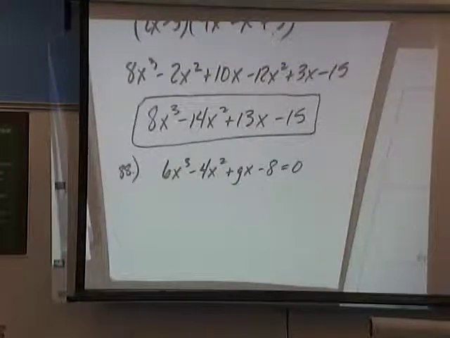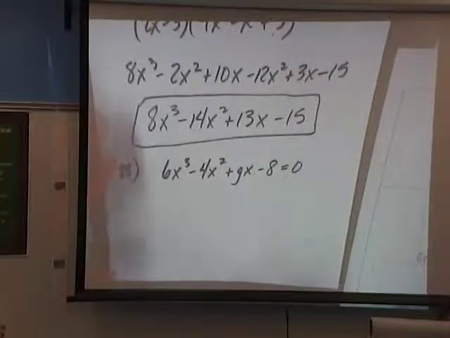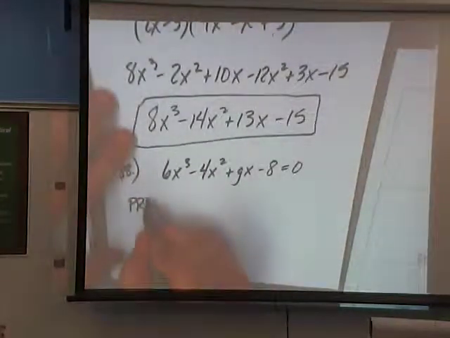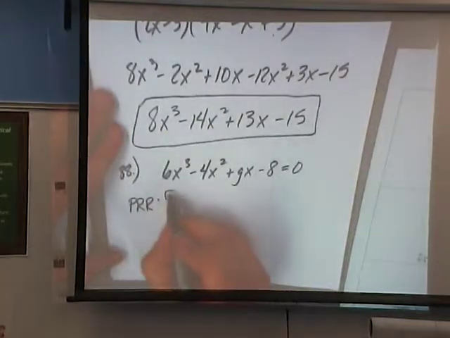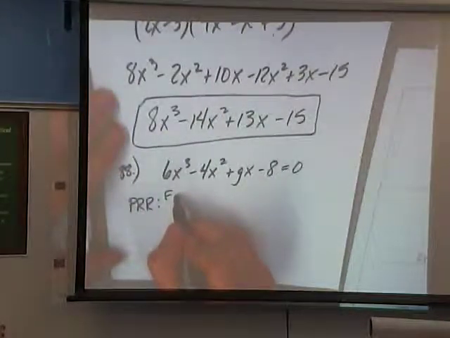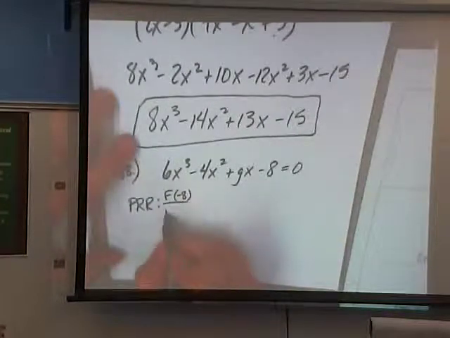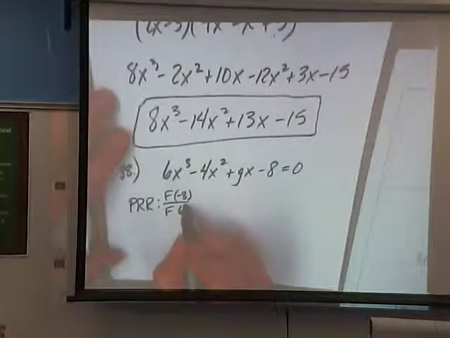So how are we going to figure out which one of those cannot be an answer? Oh, the possible rational roots. If we make a list of the possible rational roots, we can determine which one cannot be a rational root. Possible rational roots would be the factors of 8 over the factors of 6.